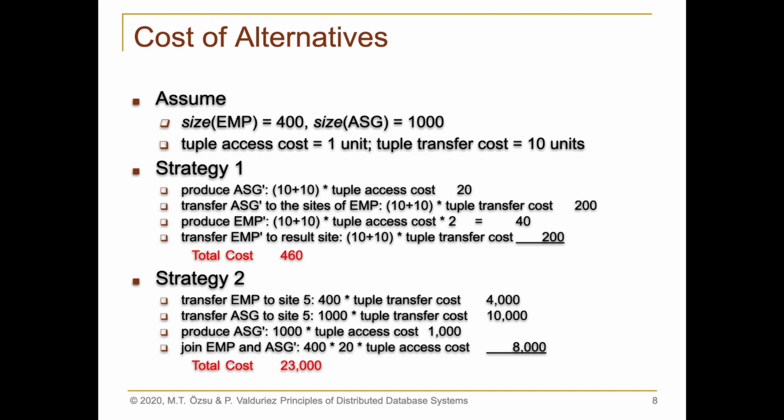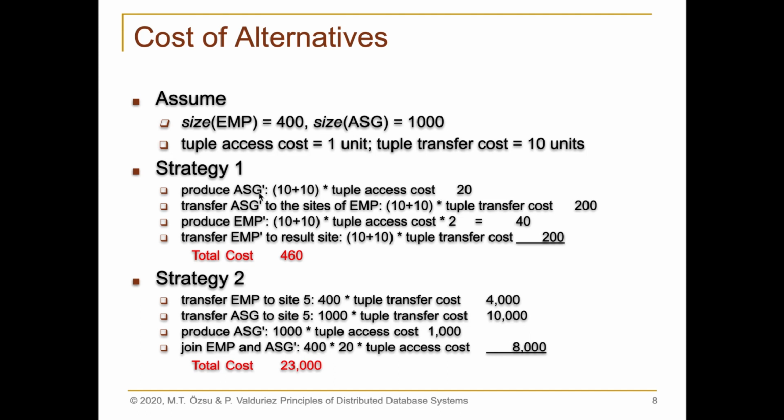So the first operation strategy 1 executes is producing assignment 1 prime and assignment 2 prime. In order to produce them from assignment 1 and assignment 2 respectively, the query has to access 10 tuples from each site. And in order to calculate the cost of producing assignment 1 prime, for instance, you have to multiply the number of tuples in the sub-relation by the tuple access cost.